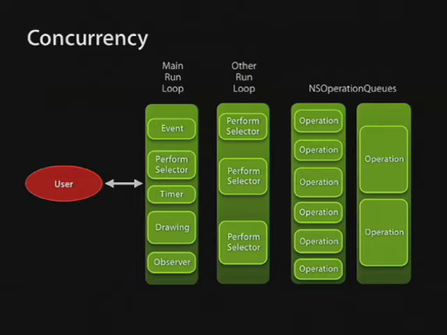Now, one big point from the previous performance session, one point to take away is that you want to avoid, as much as possible, any concurrent access to shared mutable data. Because whenever you have contention for shared resources, you're going to lose the benefits of concurrency.